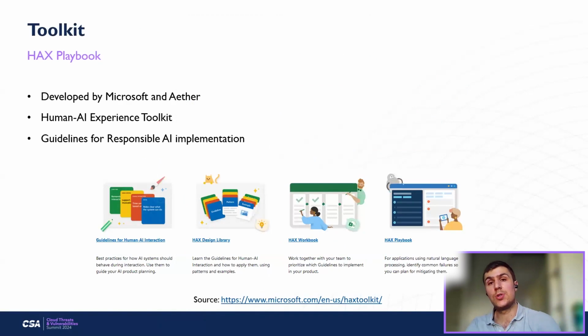And there are also quite a few tools that have been developed by various organizations. The first of them, I just wanted to take as an example, is the HAX, or Human AI Experience, toolkit and the playbook that is part of it, which was developed by Microsoft and others.